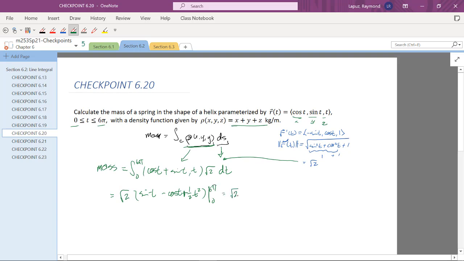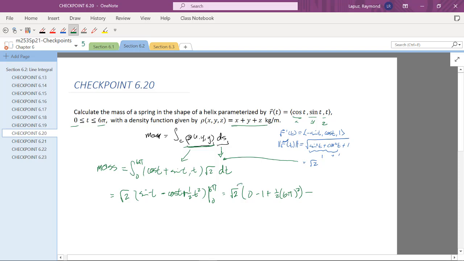That's the square root of 2. And when we put 6 pi in there, we're going to get sine of 6 pi is 0. Sine of any even number times pi is 0. Cosine of an even number times pi is positive 1, but there's a negative in front. And we're going to have plus 1/2 times 6 pi quantity squared.